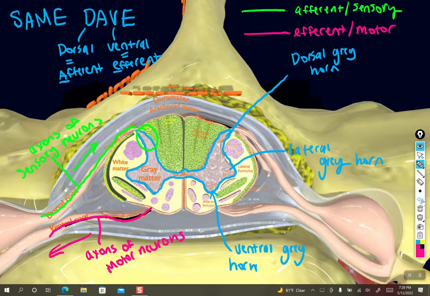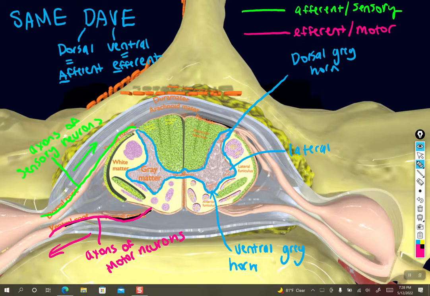So if we look over here, what you're going to notice is that if we follow the dorsal root, it has this big bulge in it, and the ventral root has no such bulge. So the bulge has a name, and that name is the dorsal root ganglion. So I'm going to erase some of the labels as I go so I have more room to draw.